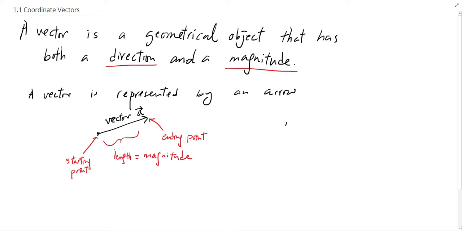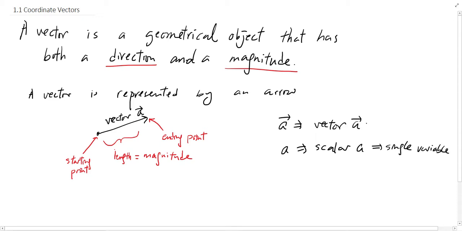And this is referred to as vector a. If you simply have a without an arrow on top, that's usually referred to as scalar a. What's the big difference between a vector a and a scalar a? A scalar a usually represents a single variable, while a vector can represent a collection of variables. So in this case, we represent multiple variables.